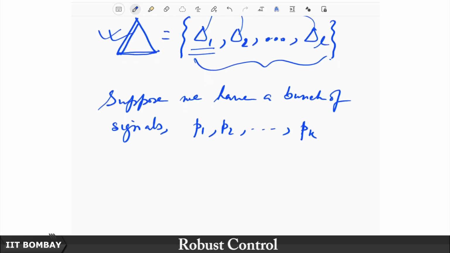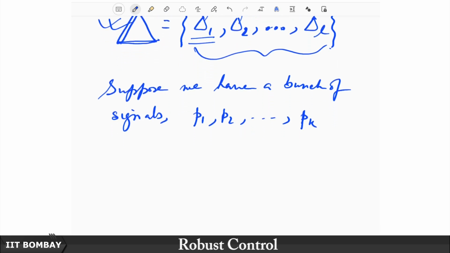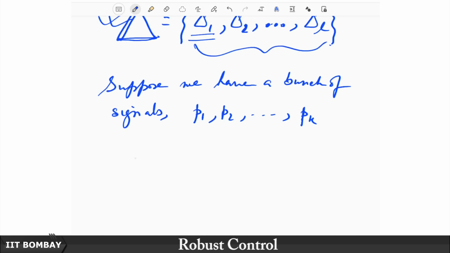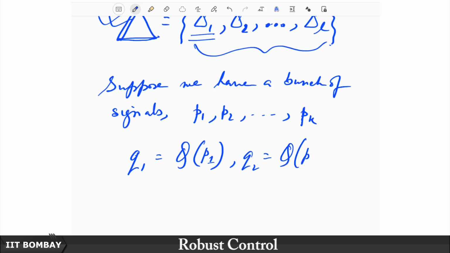So, some bunch of signals, and for each of these signals we know that Q1 is equal to Q acting on P1, Q2 is equal to Q acting on P2, so on till Q acting on Pj gives us Qj, right.